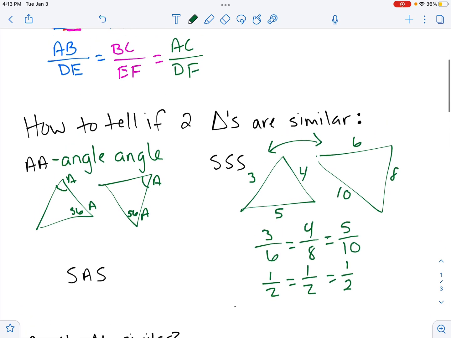Okay, side angle side is very similar to our other side angle side, except now the sides have to be proportional. So let's say this is 6, this is 30, and this is 12. And then we have the same angle, and we'll just do 3 and 6.